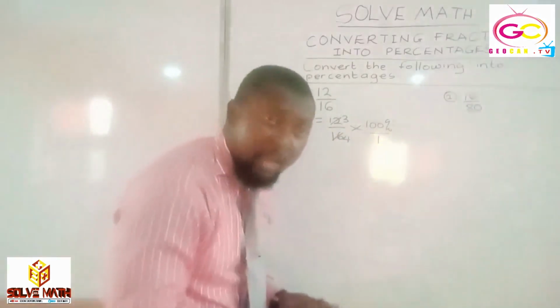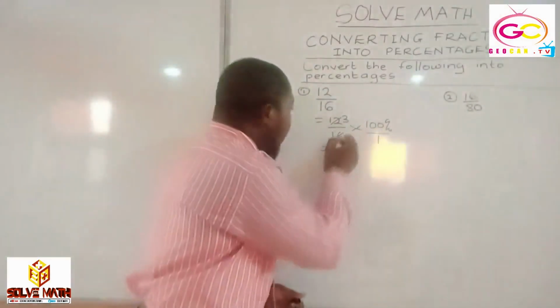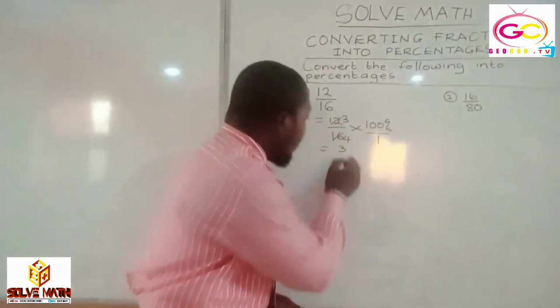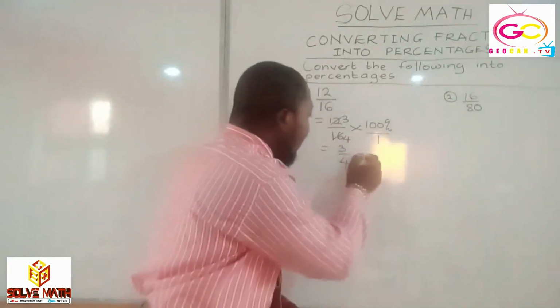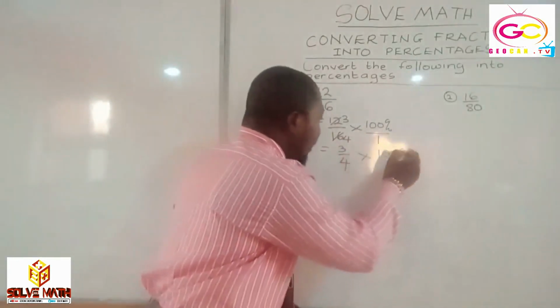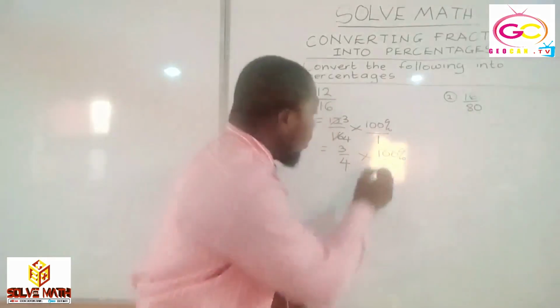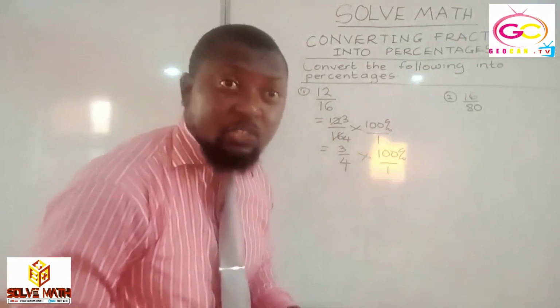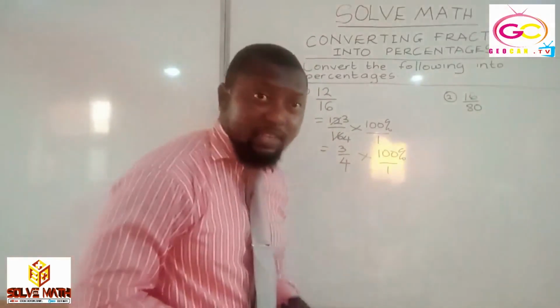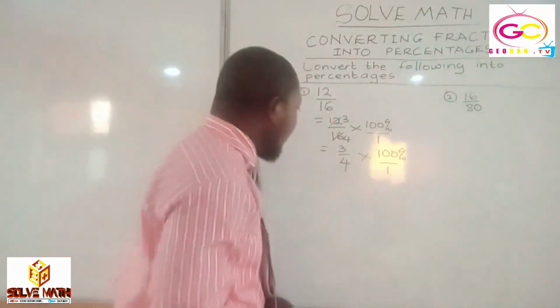So now what do we have? We have 3 here over 4 times 100% over 1. Now write it. It's so important. Take your time in doing it. Good.